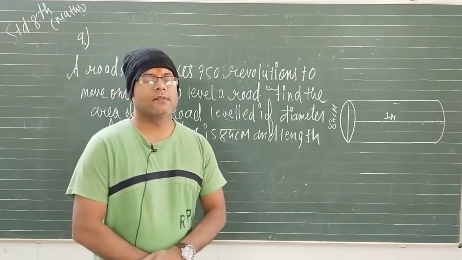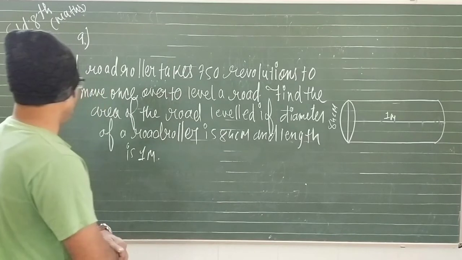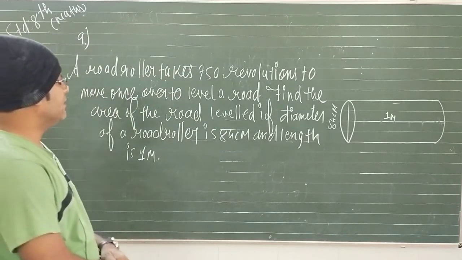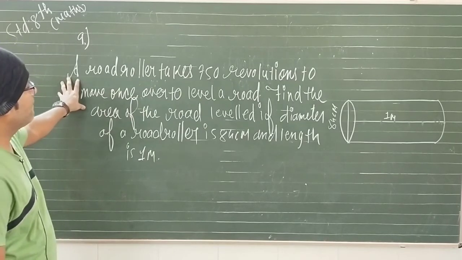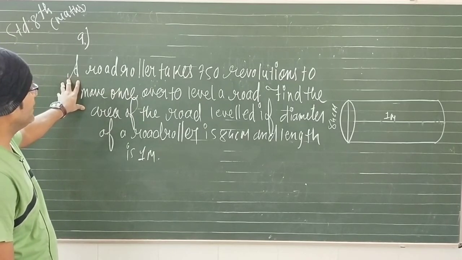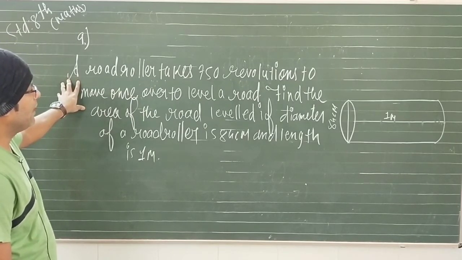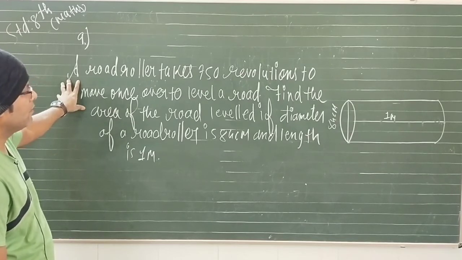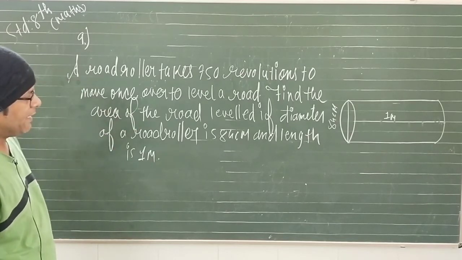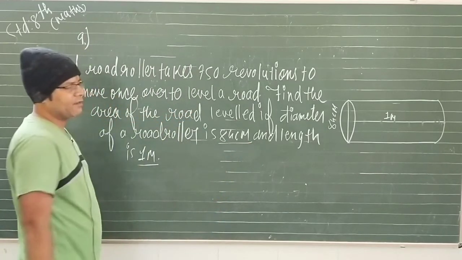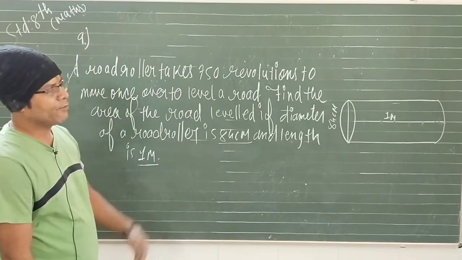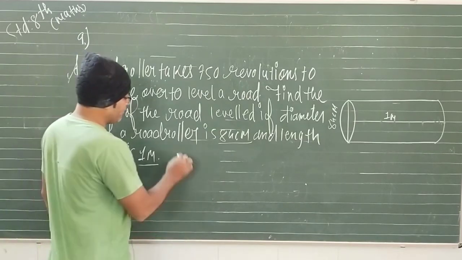And now last sum of this exercise. Here one road roller is given. It takes 750 revolutions to move once over to level a road. Find the area of the road leveled if diameter of a road roller is 84 centimeter. Here you see centimeter and here meter. As it is road roller, you have to find CSA, but first of all you have to find radius.